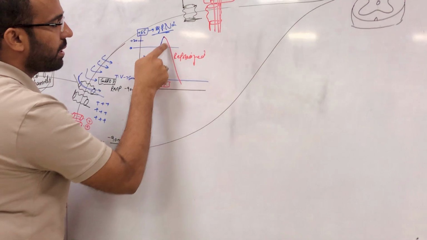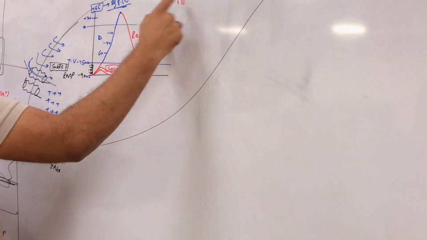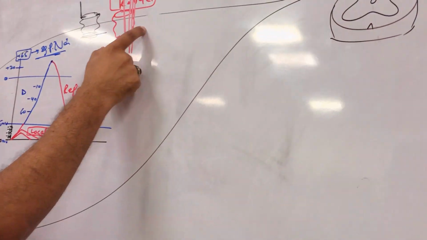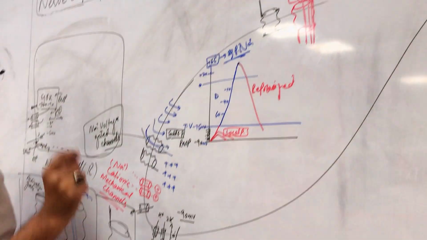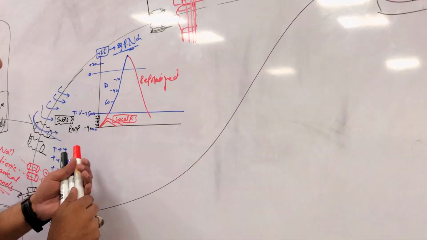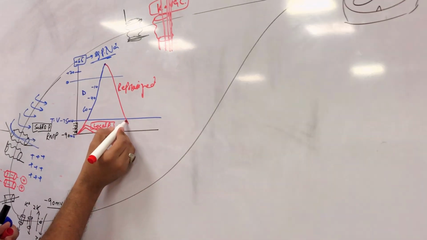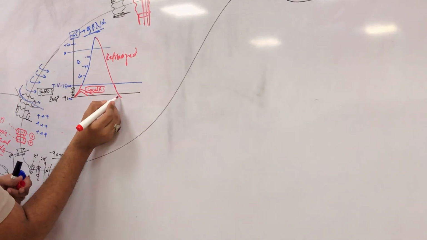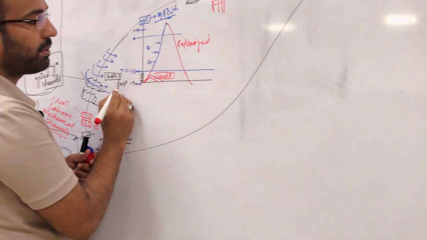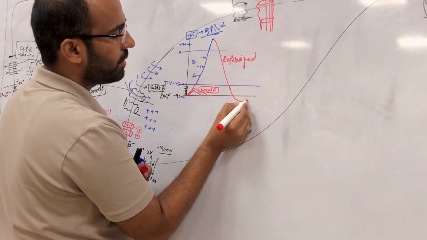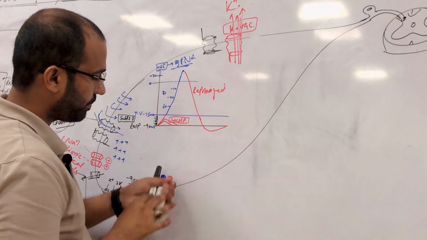We can say the cell becomes repolarized, but there is a delay in the closing of the potassium voltage gated channels, because these are open all the time. There is a little delay. As a result of the delay, the cell is somehow more electronegative than the RMP, than the resting membrane potential, and it will then recover.